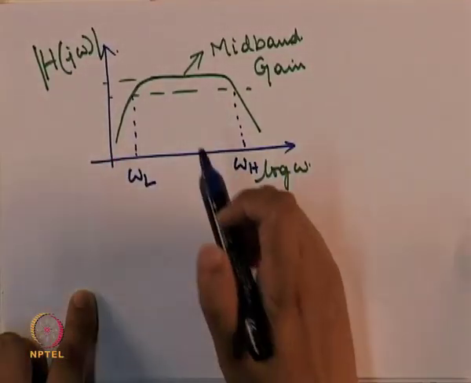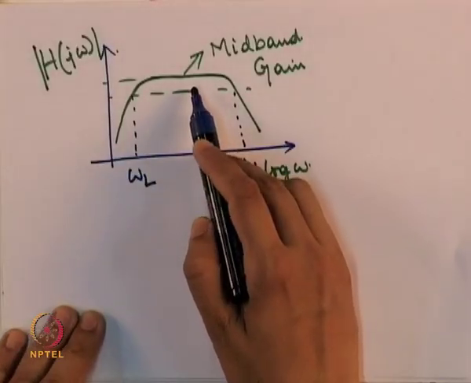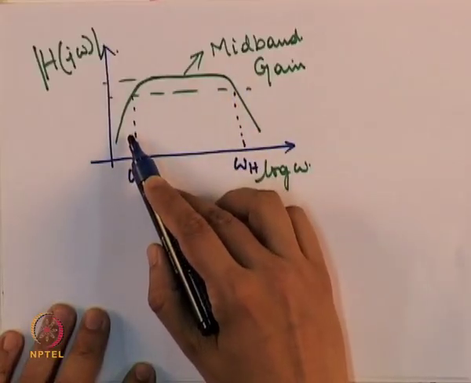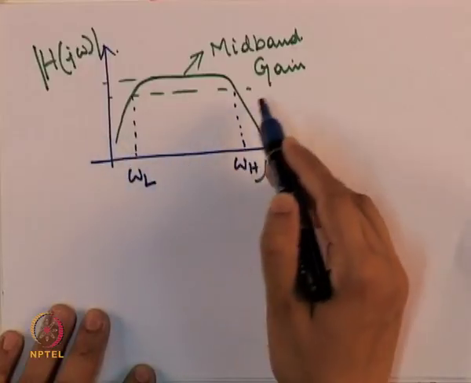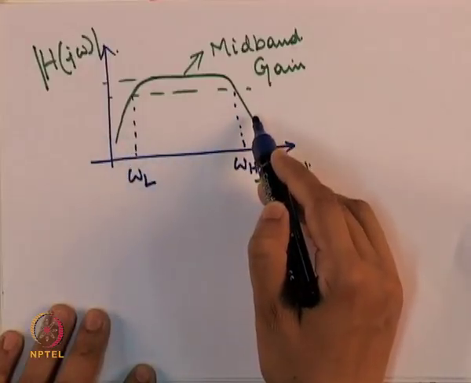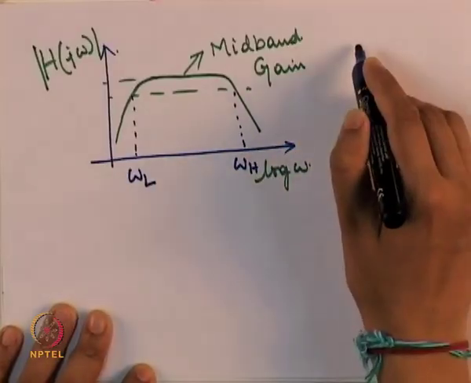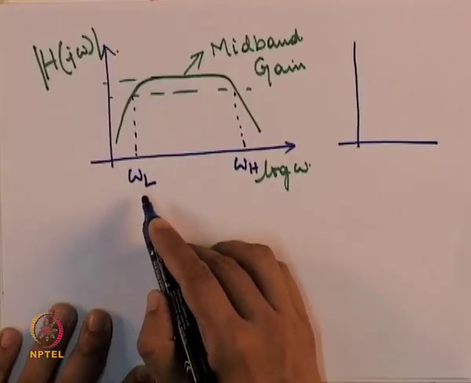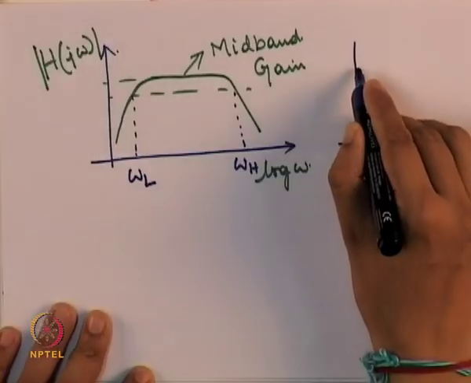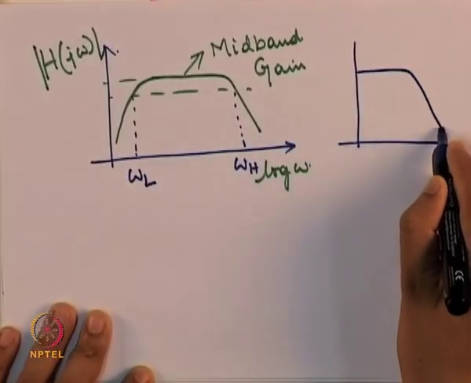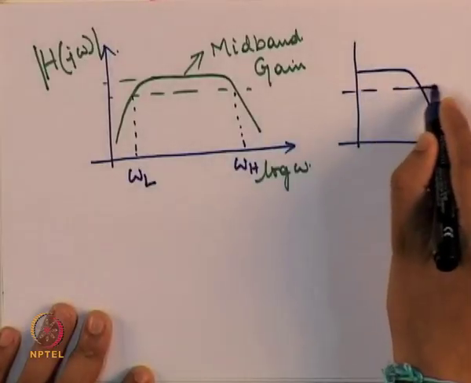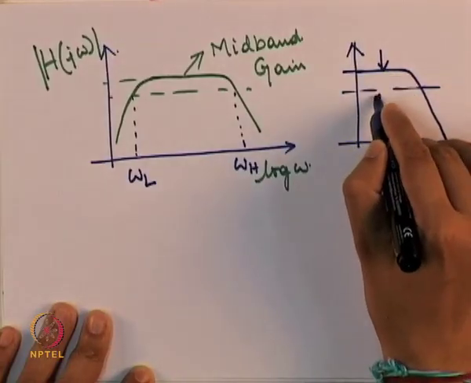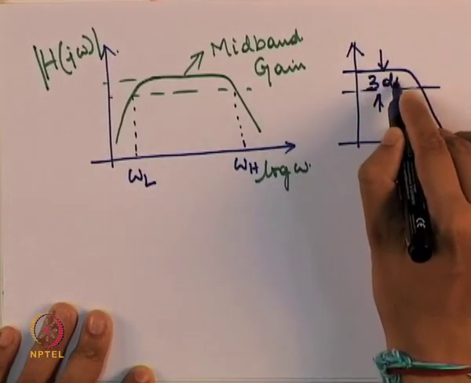Now, this is the mid band gain, where the gain is relatively flat, and when the frequency decreases as well as increases, we find that the gain decreases. Now, as I also mentioned in the last module, this omega L is not always present. Hence, in most cases the response is like this, where only there is an upper 3 dB frequency present.